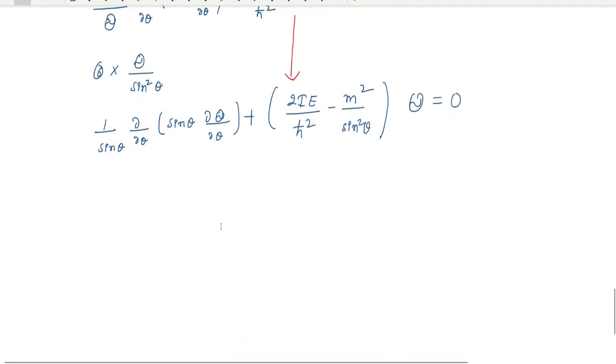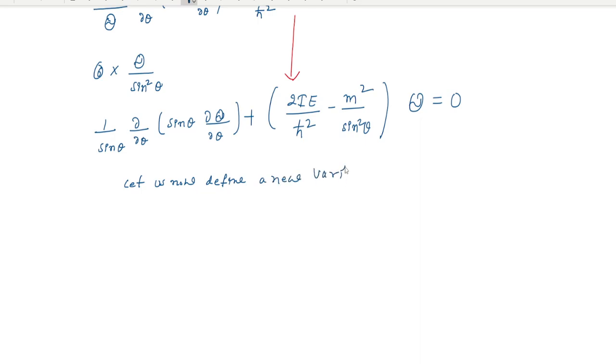So here we need to define a new variable. Let us now define a new variable x such that x equal to cos theta.